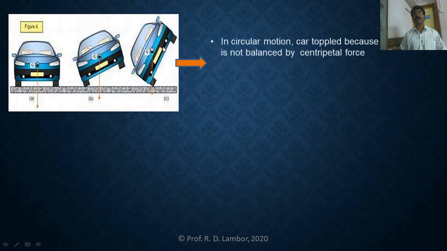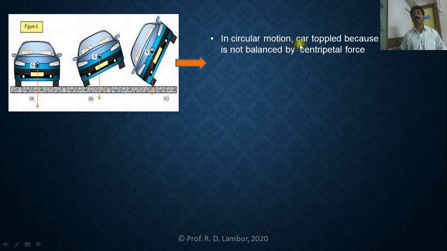So, in circular motion, the car toppled because the frictional force is not balanced by the centripetal force. These two forces are not balanced. That's why torque will act on that car and the car gets toppled.